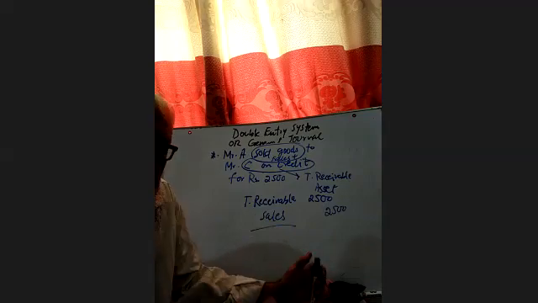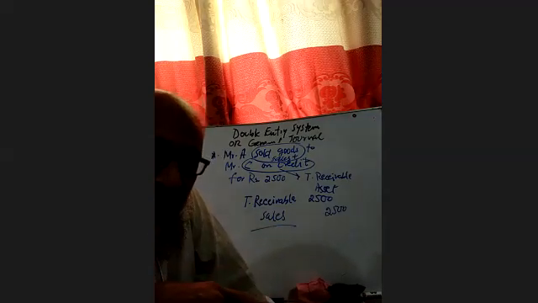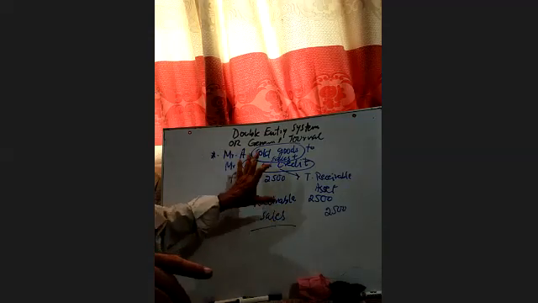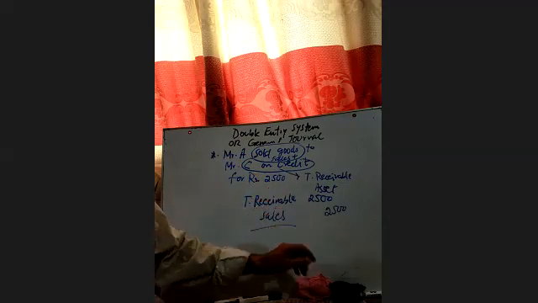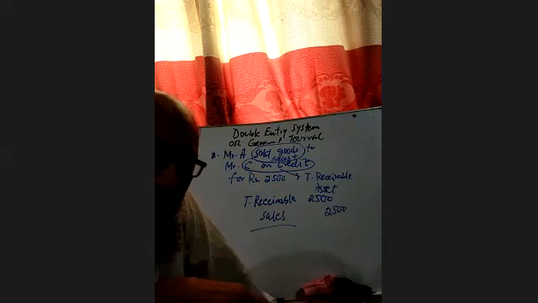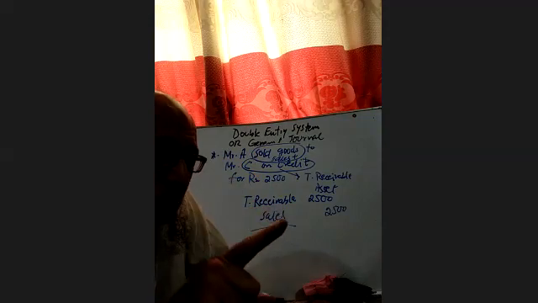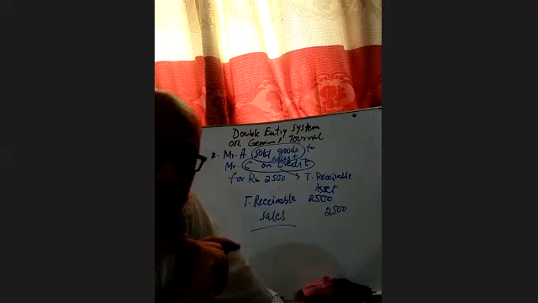This time you are selling goods. Last time you bought goods on credit. This time you are selling goods on credit, right? Cash is not involved here. Party is involved. The party from whom you buy goods is trade payable, and the party to whom you sell goods on credit is your trade receivable.